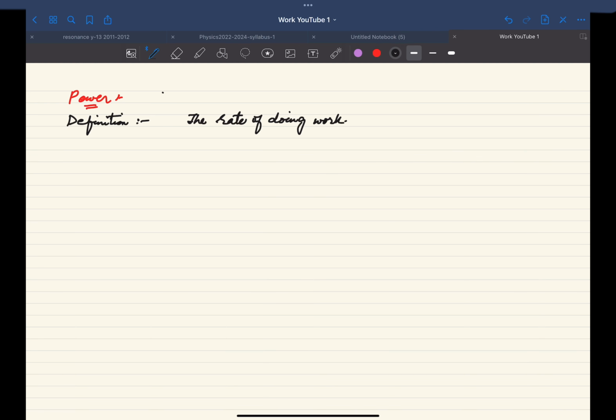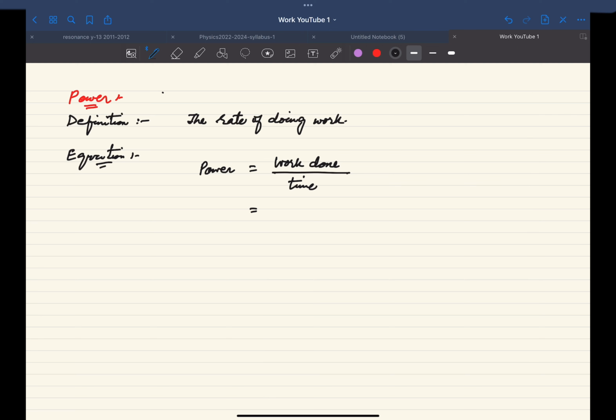So what is the rate of doing work? Simply, we can write the equation of power in this way: power is nothing but work done per unit time.